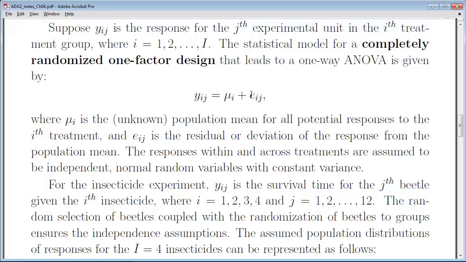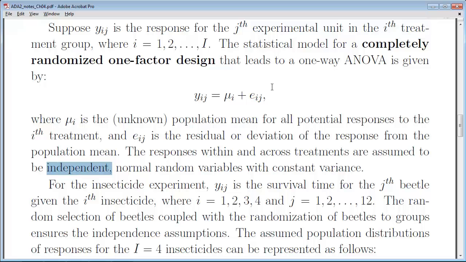And we often assume that these residuals have the same distribution for all the groups. In particular, that the residuals are normally distributed, and that the variance is the same across the four groups. And of course that they're independent.